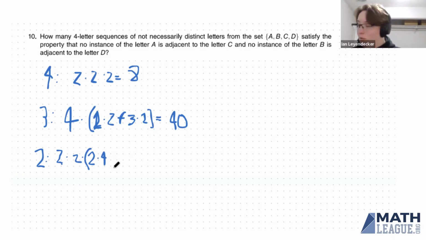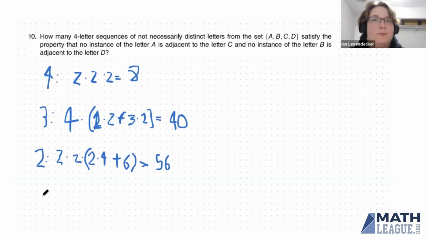We pick the location where the single letter is placed, and then the others fall into place. And if both letters appear twice, then there are 4 choose 2 possible sequences. 4 choose 2 is 4 times 3 divided by 2, or 6. And this comes out to 4 times 8 plus 6, or 4 times 14, for a total of 56 possible sequences.